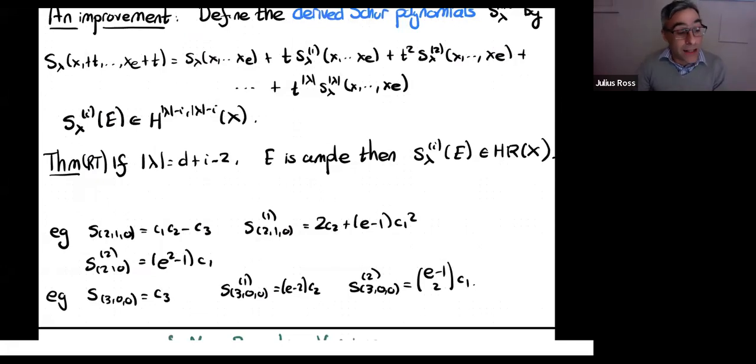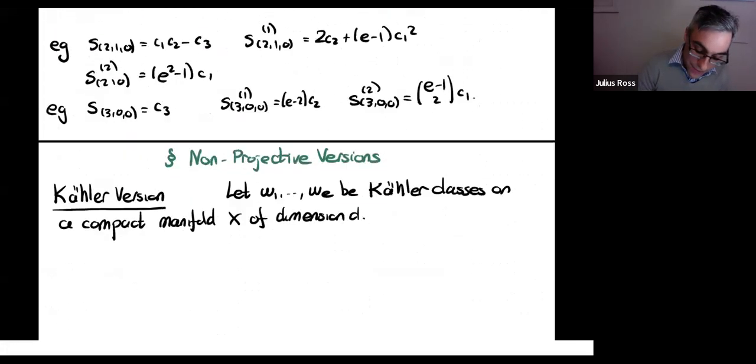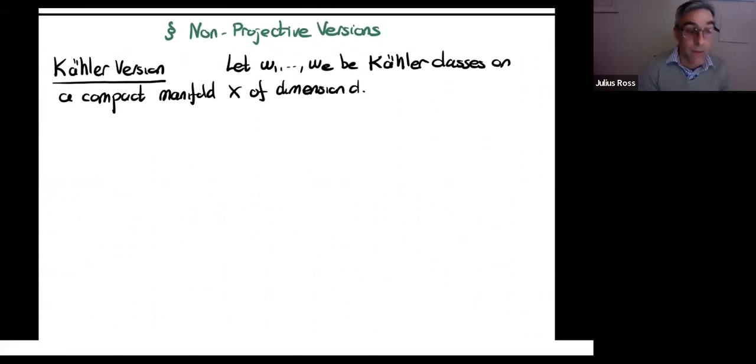But you can ask, are there versions of this that hold in the non-projective case? And that we have. So let me just start with a very quick Kähler version. Now suppose X is not necessarily projective. It's a compact complex manifold of dimension D, and I have some number of distinct Kähler classes on it.